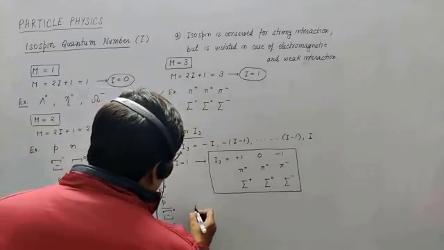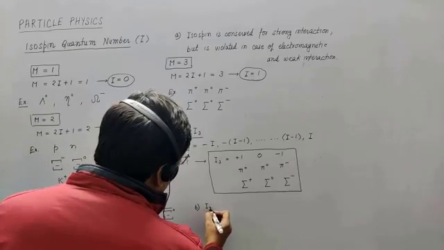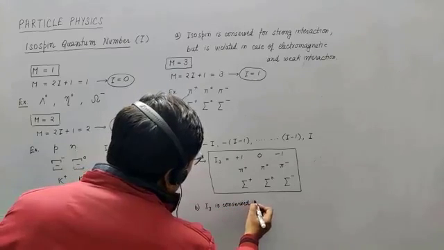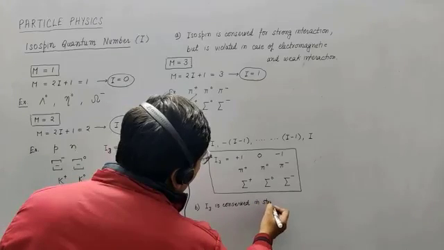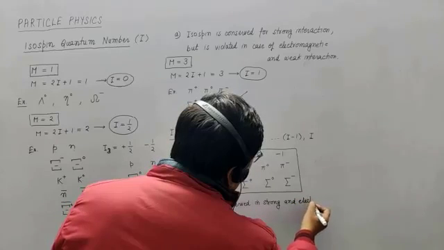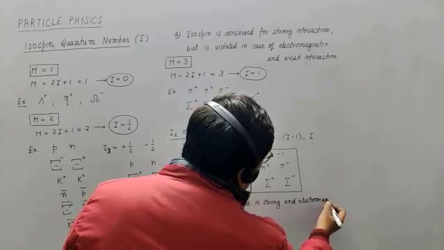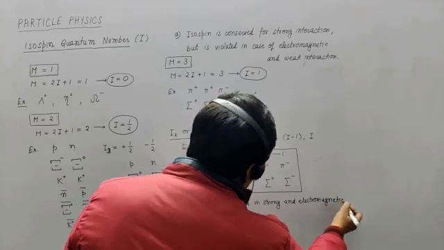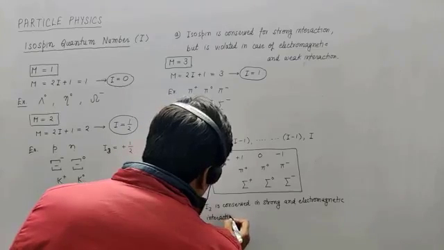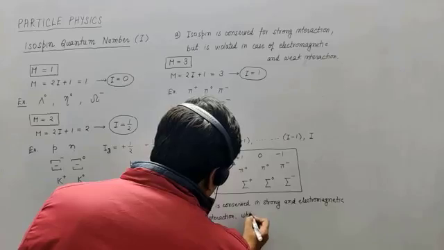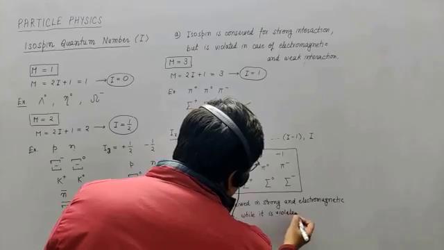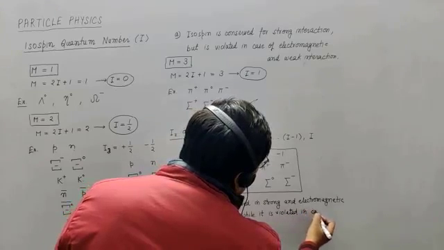This I3 is conserved in strong and electromagnetic interaction, while it is violated in case of weak interaction.